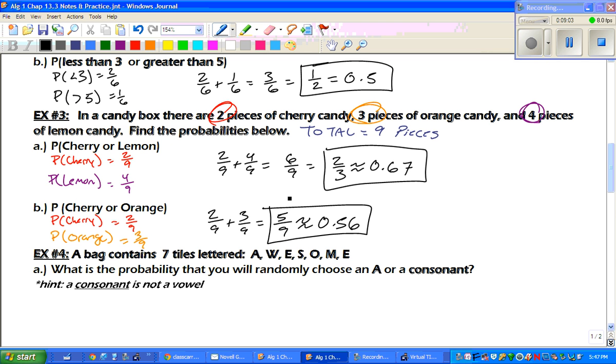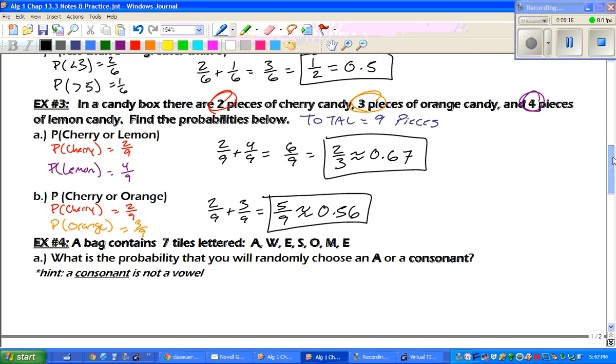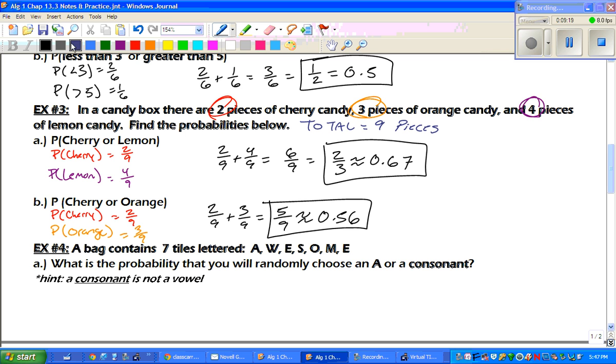Example number 4. A bag contains 7 tiles lettered AWESOME. What is the probability that you will randomly choose an A or a consonant? Well, let's do this. First, we got to find the probability of A. There is 1 A out of 7, so that's 1/7. Now, a consonant, to give us a little hint, is not a vowel.